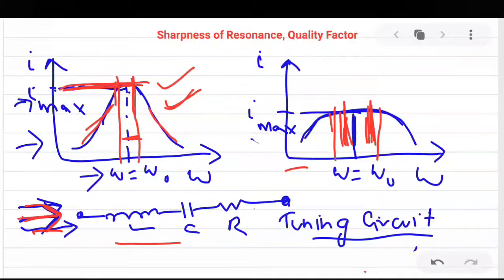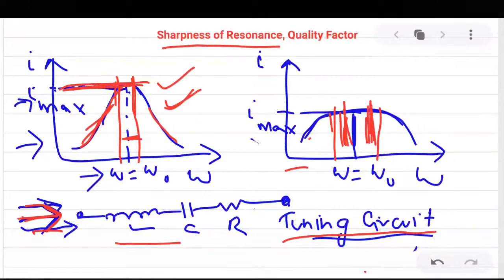So for a better tuning circuit, this graph should be narrower, the narrower the better. If it is narrow, it is better; if it is broad, then it is not good. So that is what sharpness of resonance is all about, and that is the importance of this topic.